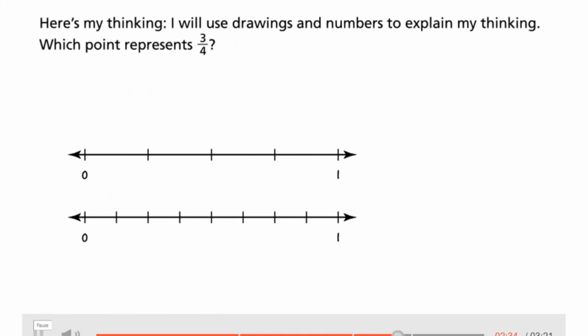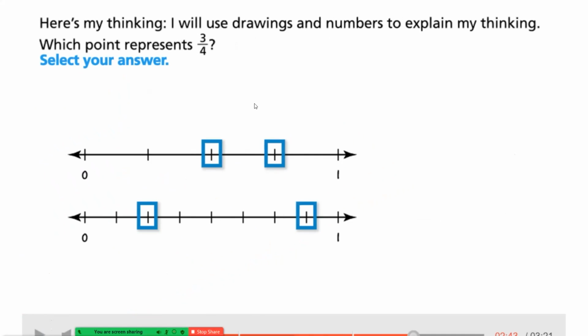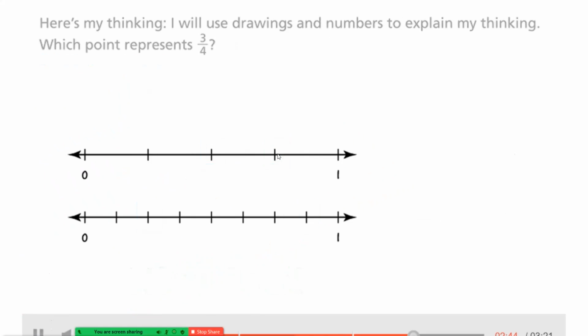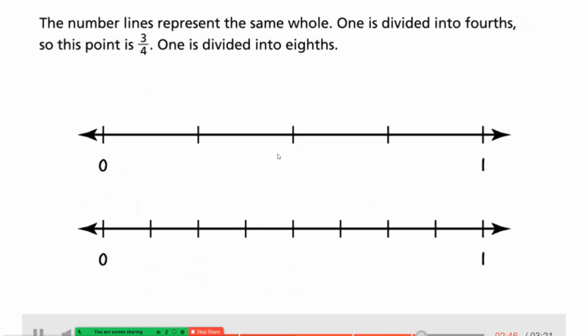Here's my thinking. I will use drawings and numbers to explain my thinking. Which point represents 3/4? Select your answer. The number lines represent the same whole. 1 is divided into fourths, so this point is 3/4. 1 is divided into eighths.